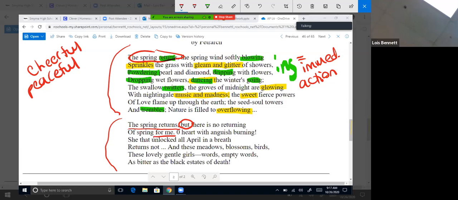And those meadows, blossoms, birds, these lovely, gentle girls, words, empty words, as bitter as the black estates of death. That's a pretty drastic turn. Tone for the bottom.